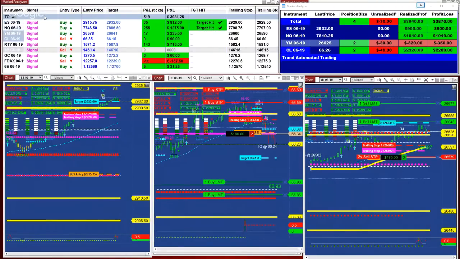On that CL, the target is 66.15, and then there is a potential for 65.96.